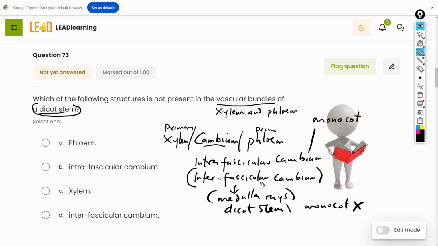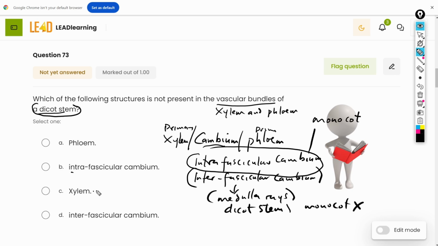While the interfascicular cambium forms a medullary ray, the intrafascicular cambium does not form a medullary ray. So the question is, which of the following structure is not present in the vascular bundle of a dicot stem? So clearly it is an intrafascicular cambium. That is the option B.